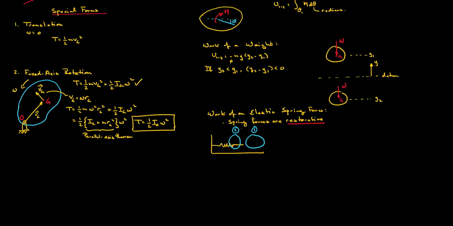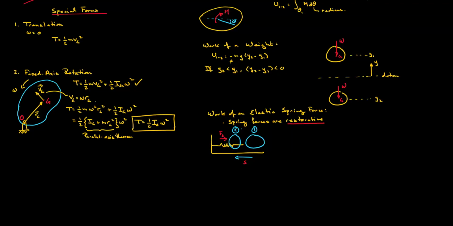As we're compressing the spring, what the spring will do is actually push against the body. Our displacement S is in this direction, but our force of the spring is in this direction. As we can see, the spring force and the displacement are always in opposite directions. So the spring acts to return to what we call its unstretched position.